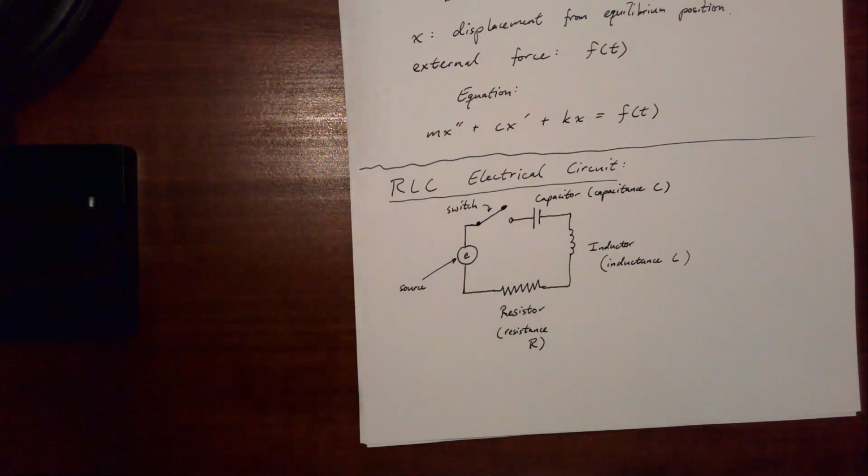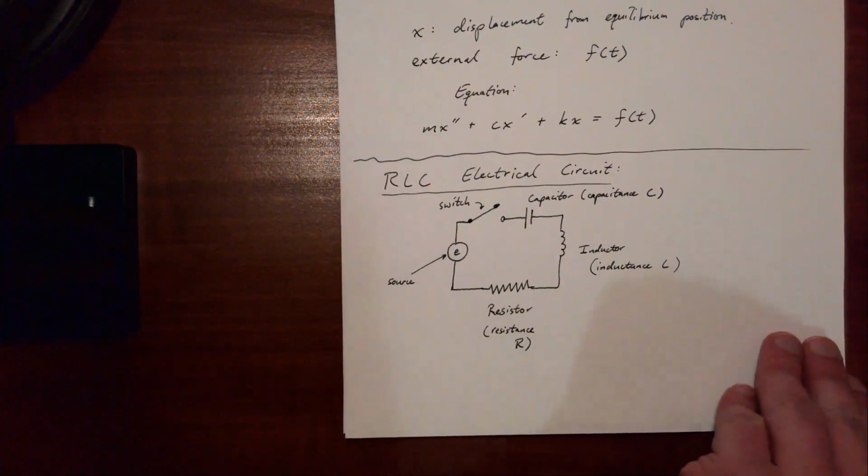It can be open as you see it here, or it can be closed. And as long as it's open, then it's cutting off basically the source here from doing its magic in the circuit. But as soon as it closes, then all of a sudden the circuit fires up, and all the electrical things that you can study in a physics class will happen.